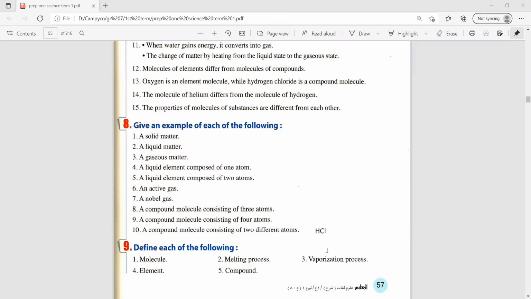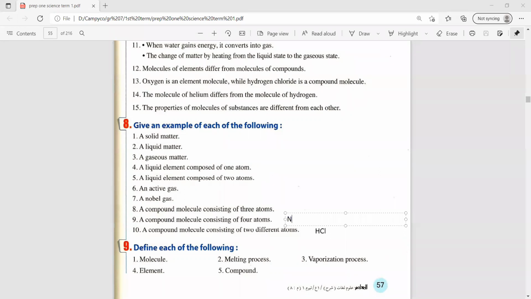A molecule consisting of 4 atoms. A compound formed from 4 atoms. Ammonia. Yes, what is the symbol?